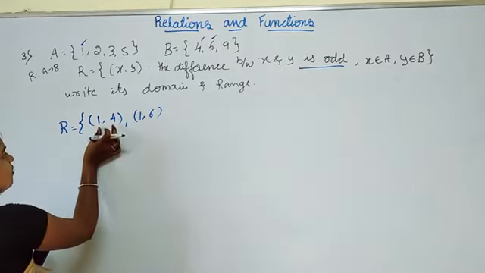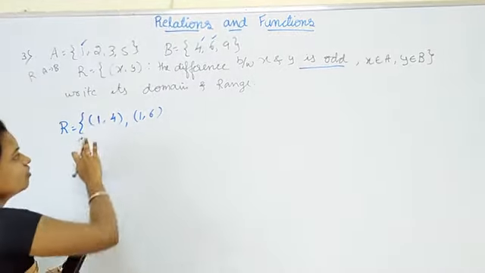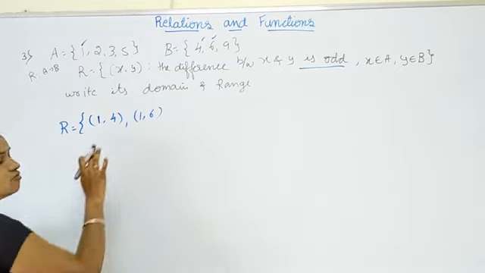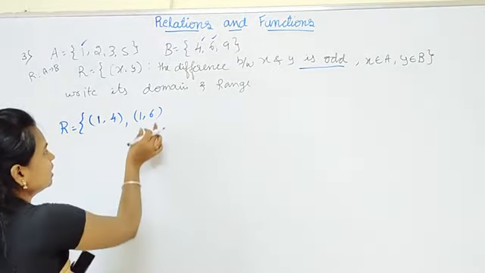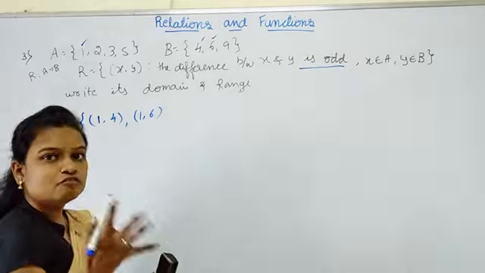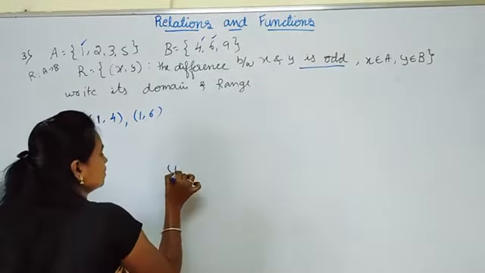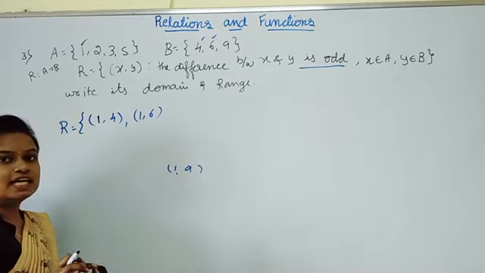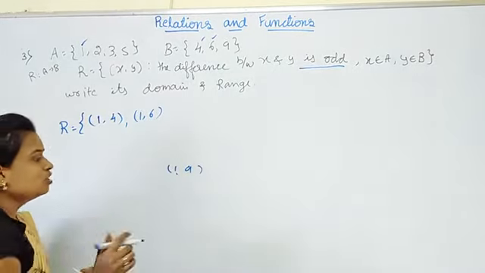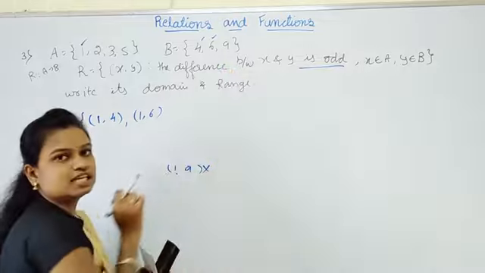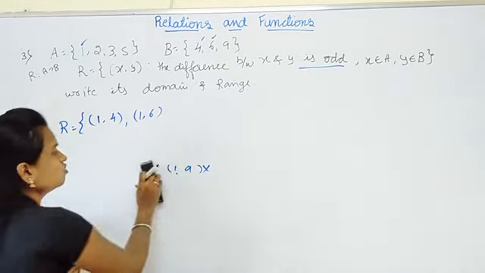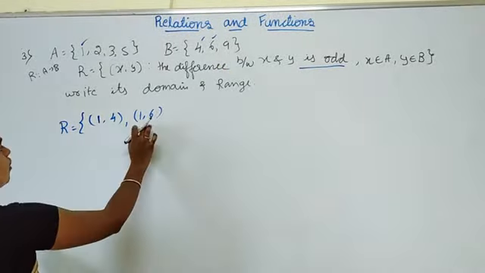Because the difference between 1 and 4 is what? 3. It is an odd number. Similarly, the difference between 1 and 6 is 5. It is also an odd number. If I take (1, 9), the difference between 1 and 9 is what? 8. It is even. So this does not belong to this relation. Understand? So for 1 we have (1, 4), (1, 6).